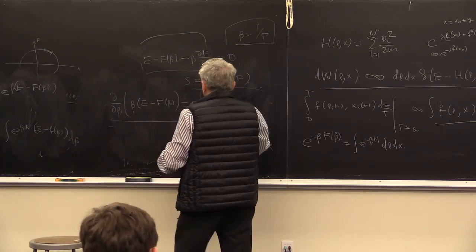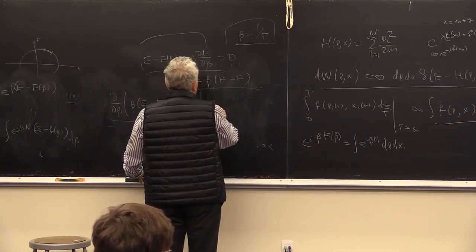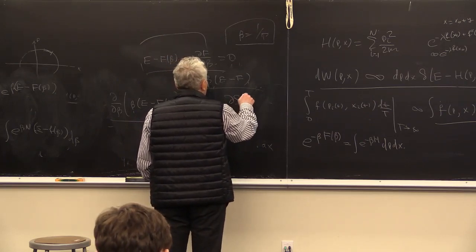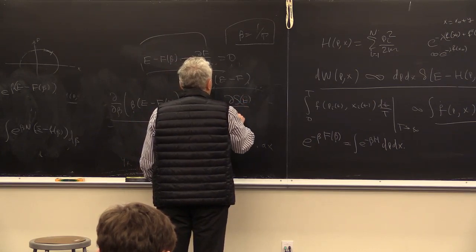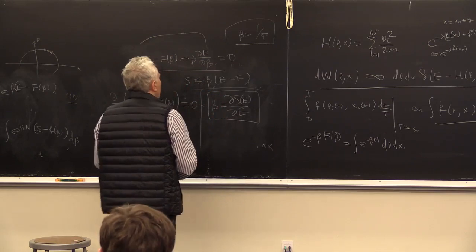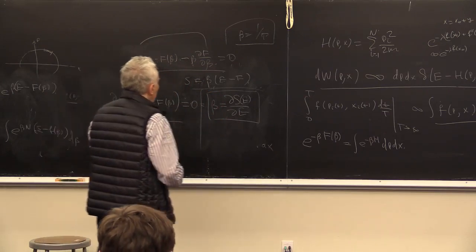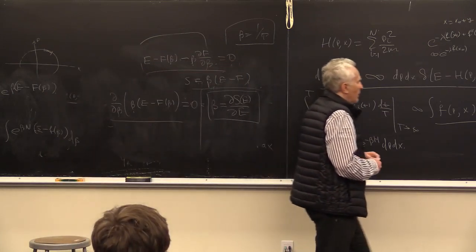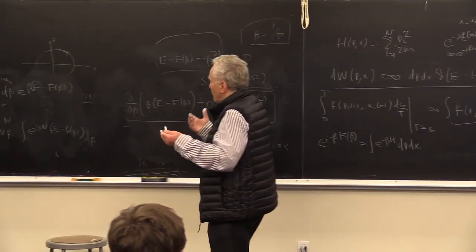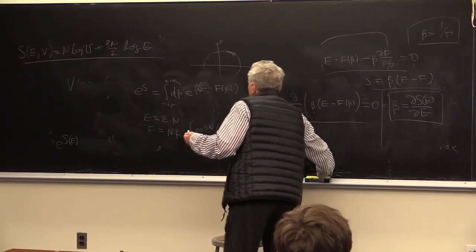And actually, you can easily see that beta is just the derivative of entropy with respect to energy. That follows from this formula. And we have a more or less normal thermodynamics.